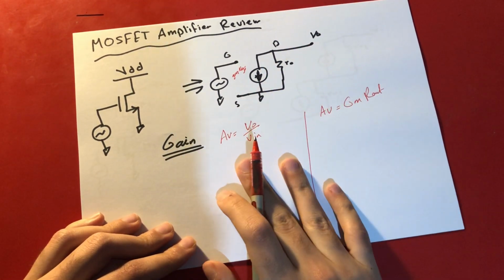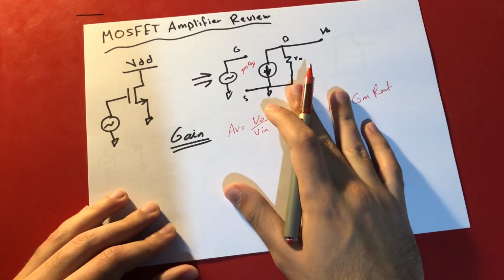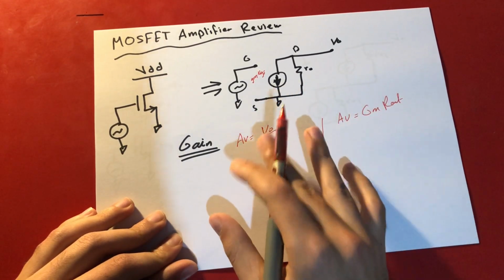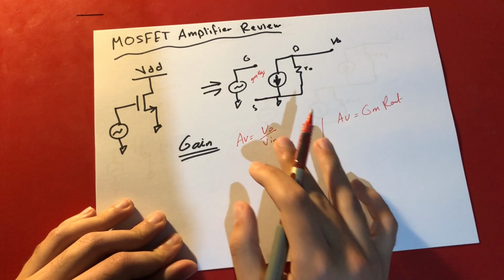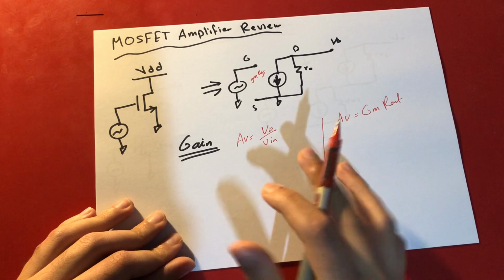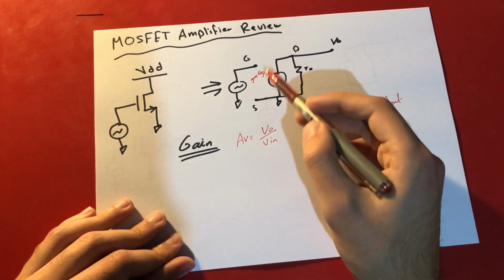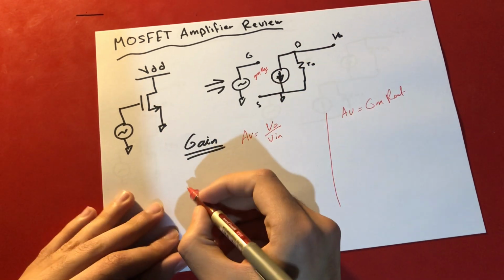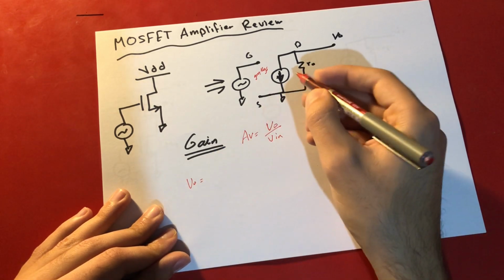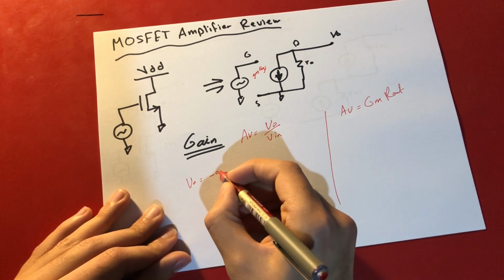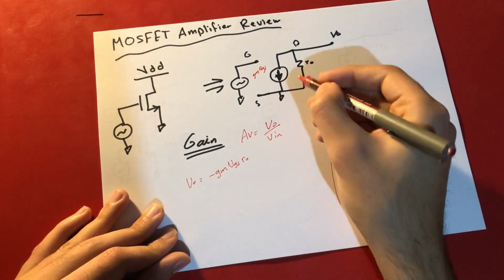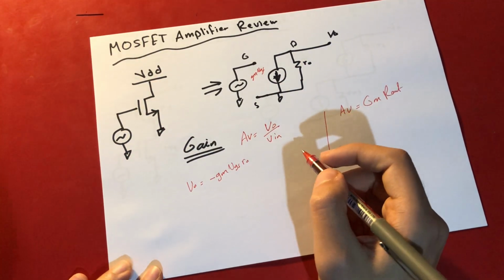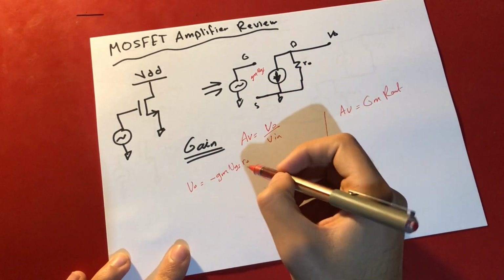Let's find the gain in this state, right? So the gain is the output voltage divided by the input voltage. By using basic circuit analysis, we can see that V output is equal to minus gm VGS times RO, right? The current times the resistance. What is VGS?